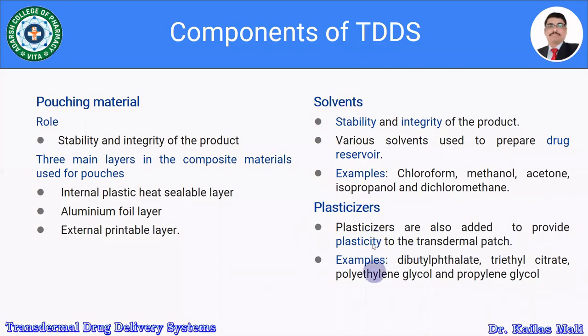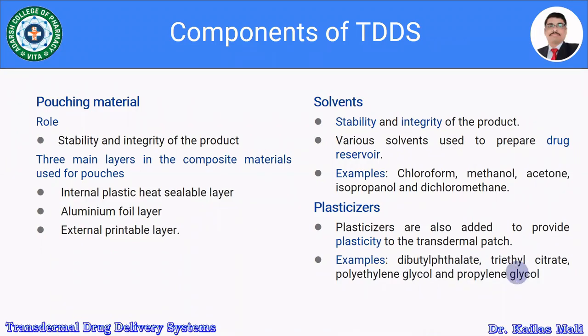The examples of the plasticizers which are widely used in TDDS are dibutyl phthalate, triethyl citrate, polyethylene glycol, and propylene glycol. They are used in the various layers.